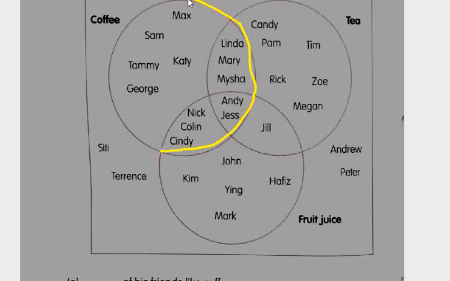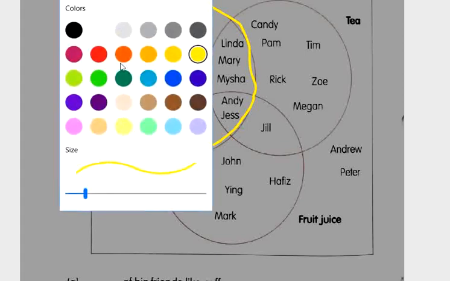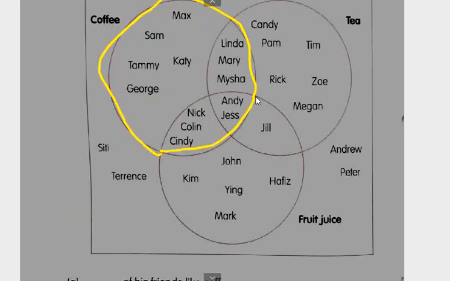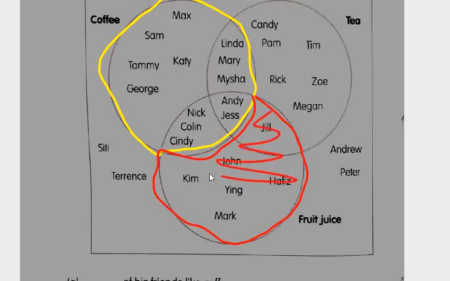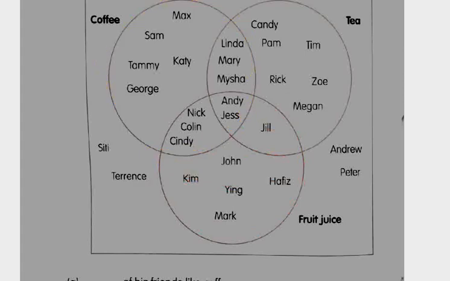This is the first circle that belongs to coffee. So what is the remaining part that does not belong to coffee? Only this, right? So count the names here, and that will be the answer.